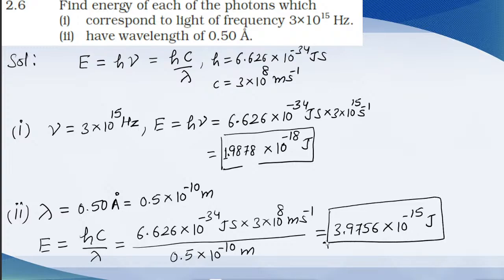There is no need to write up to 4 digits. You can approximate the result like this: 3.98 into 10 raised to power minus 15 joule. Okay.